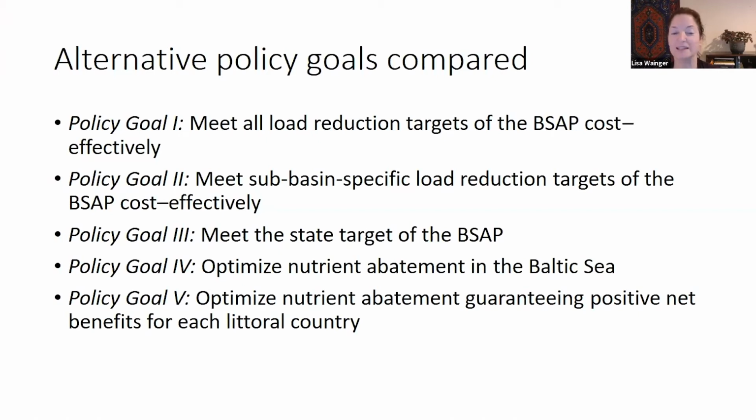The next one is really using economics to optimize the nutrient abatement so that we're creating the most benefit to people. And then finally, this one kind of brings in some of the political realities. We want to optimize the nutrient abatement, get the highest net present value, but we want to guarantee that no country has to spend more than they get back in benefits.